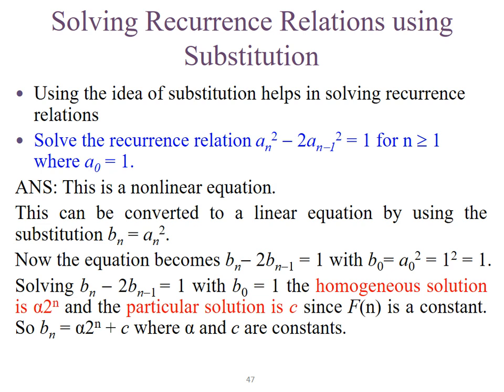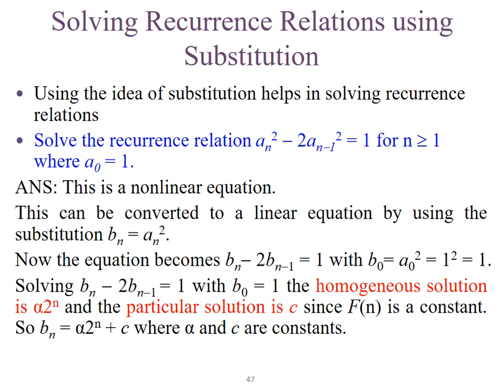So lastly, let's see how to solve this particular recurrence relation. Because it is non-linear, maybe we can use a variable b_n. If we write b_n = a_n^2 instead, then we can rewrite this equation as a linear recurrence relation. So let's see how we can write the original recurrence relation.